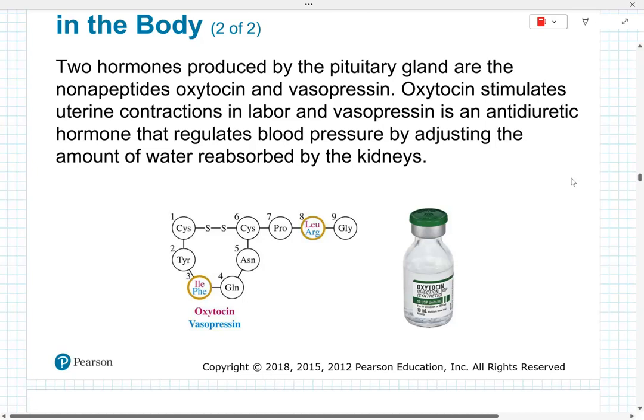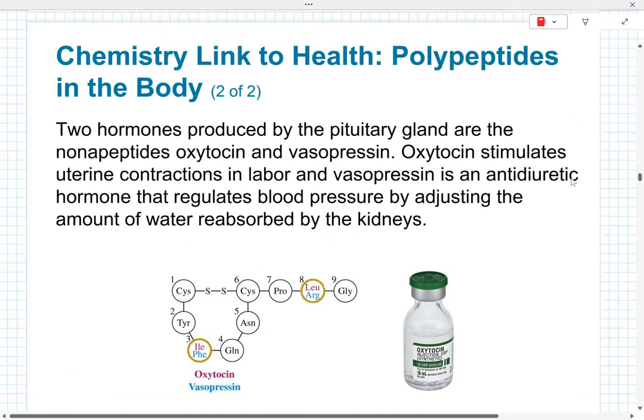Another example of polypeptides is oxytocin and vasopressin. Oxytocin is known to regulate labor through a positive feedback loop. It's also implicated in emotional responses.